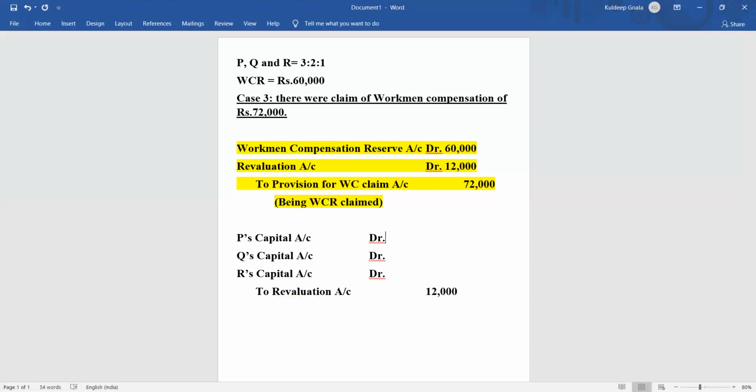So what will be the amount? In the 3:2:1 ratio, in the first case it will be 6,000, right? Then in the second case it will be 4,000. In the third case it will be 2,000, right?